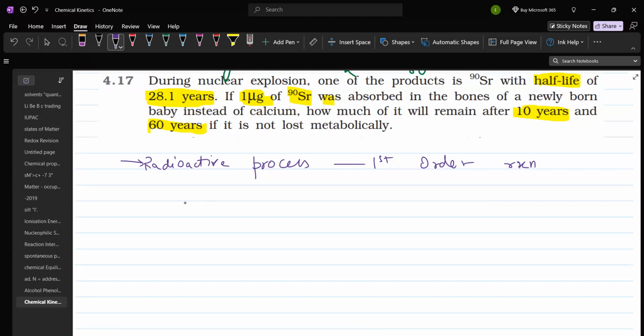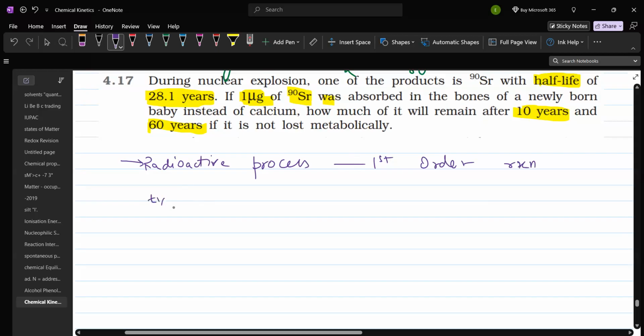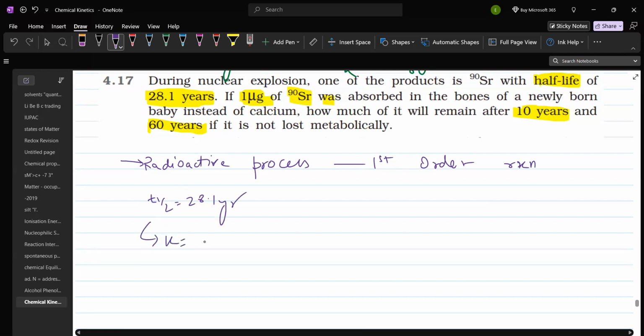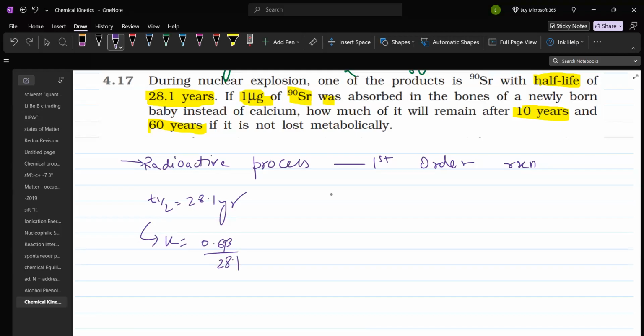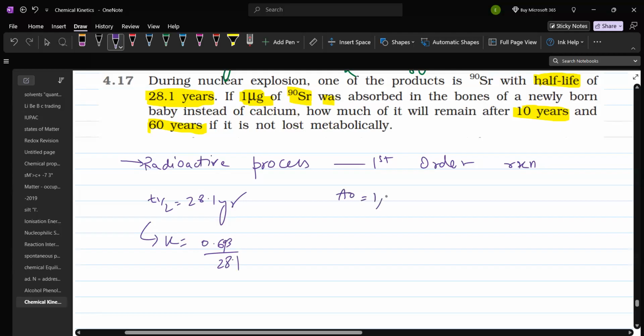So half life is given as 28.1 years. From here you can get the value of k. A naught is given as 0.1 microgram, right?